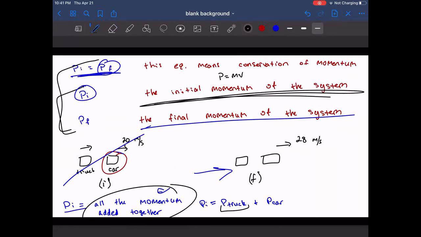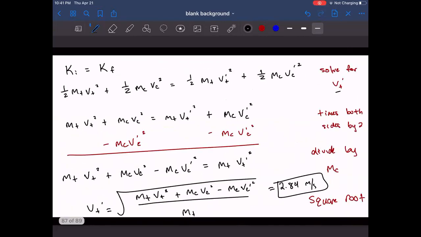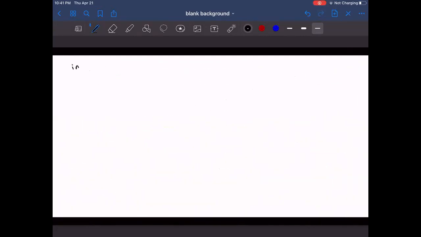So let's go over here and say momentum of the system, P_i. How do I do that? Add all the momentum. That's right.